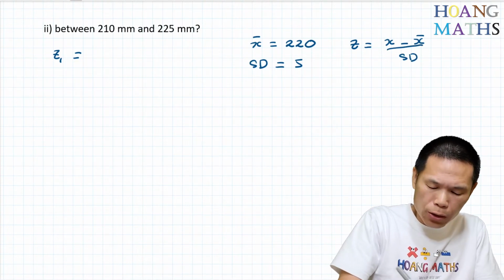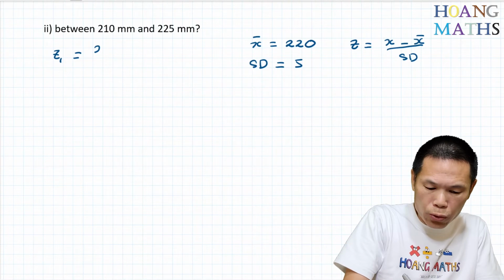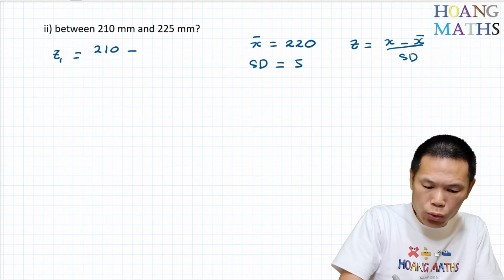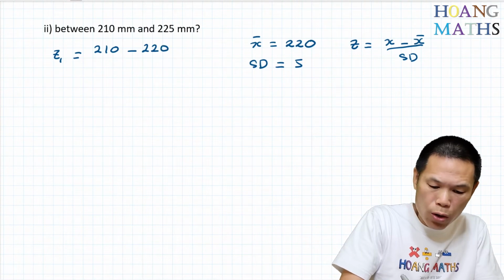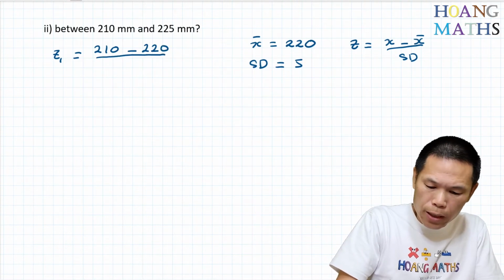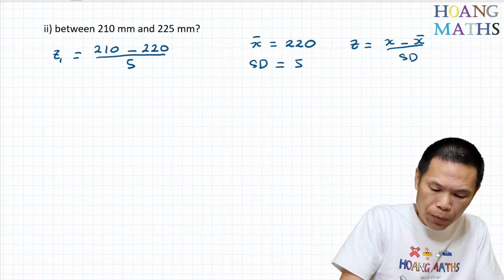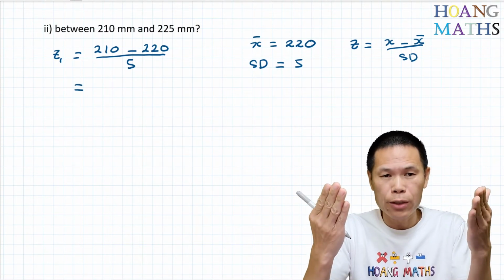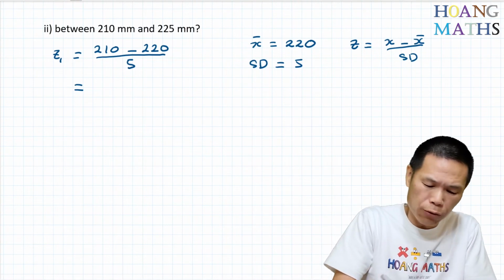So which is the z-score is equal to 210. We minus the mean, that is 220 over the standard deviations, that is 5. So 210 minus 220, we know that is -10 divided by 5, which is -2.